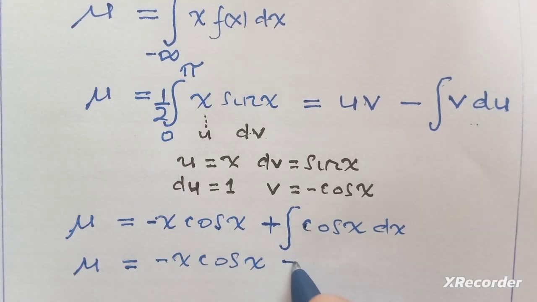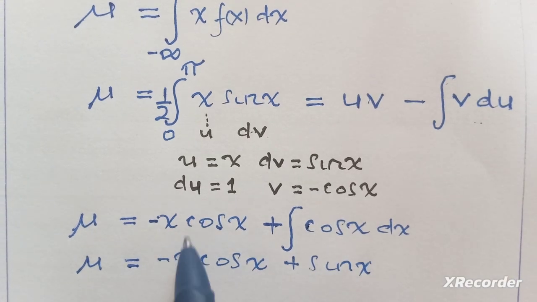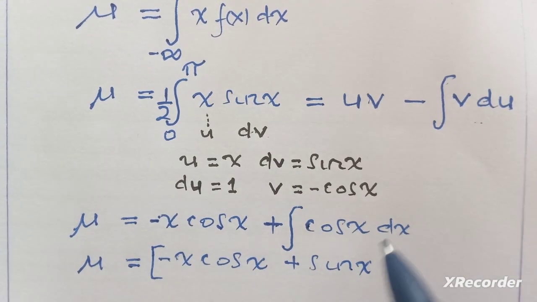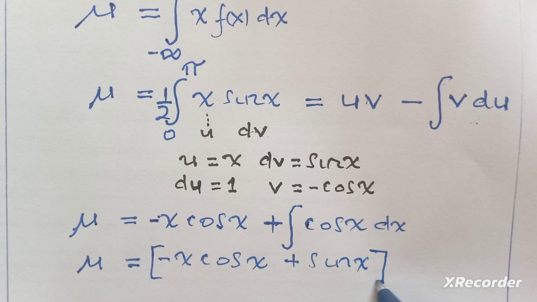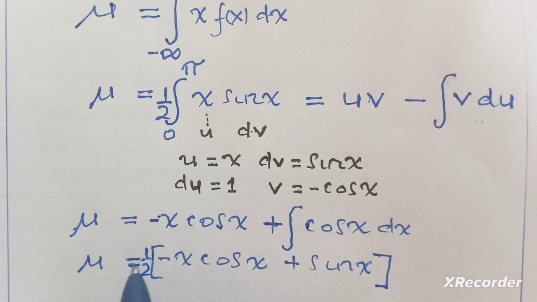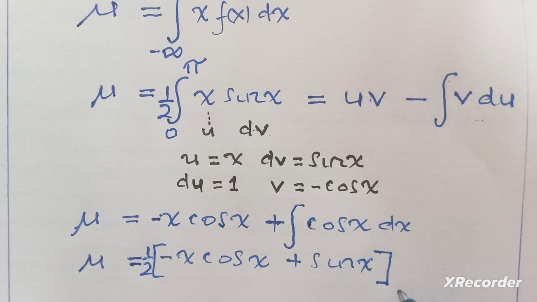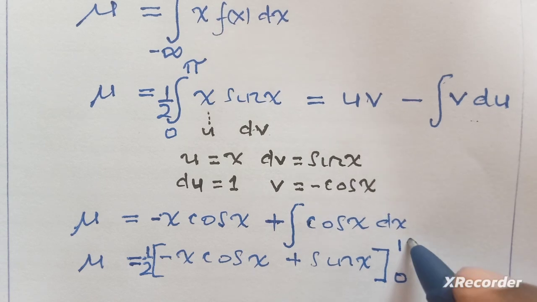So this one will be plus sine x like that. All these, guys, we now put in, we have a half here, all over 2 there. And then this one is from 0 to pi.